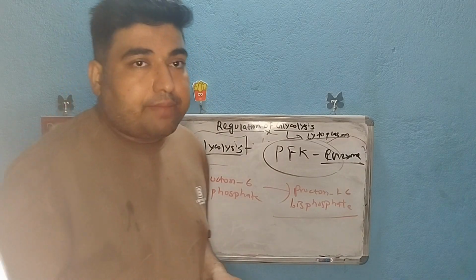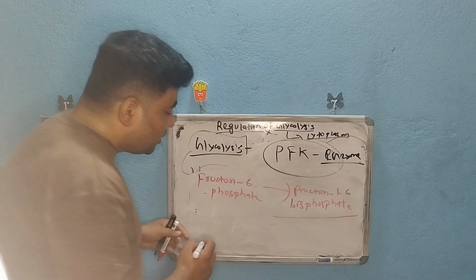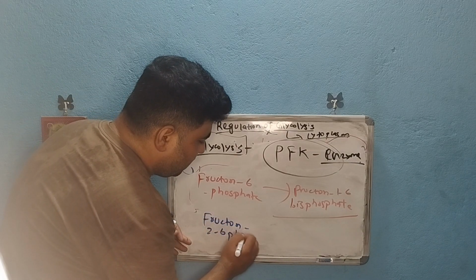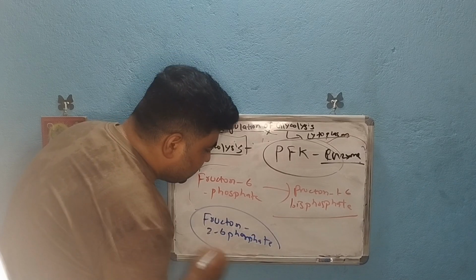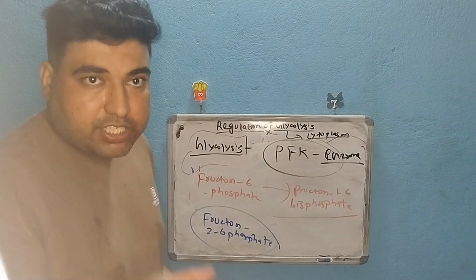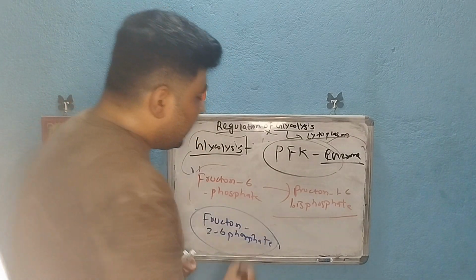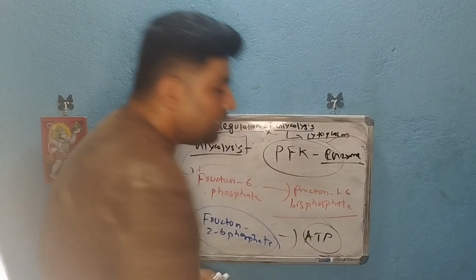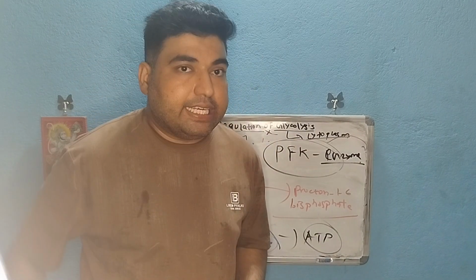This PFK enzyme is regulated by the concentration of fructose 2,6-bisphosphate. It is allosterically activated by this product, fructose 2,6-bisphosphate, and it is inhibited by ATP.